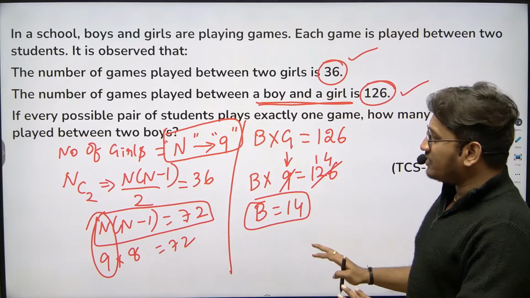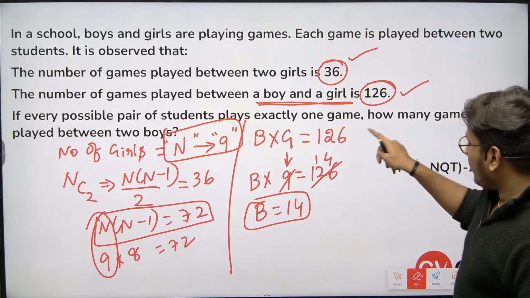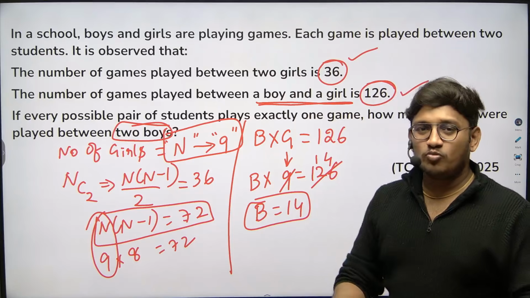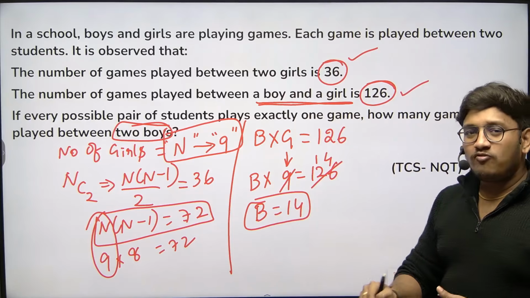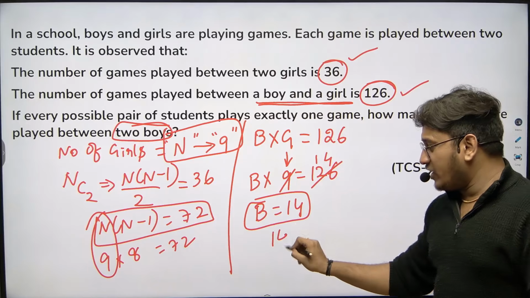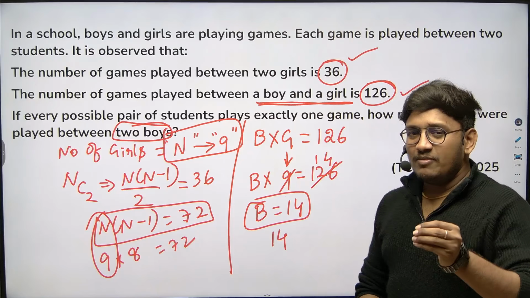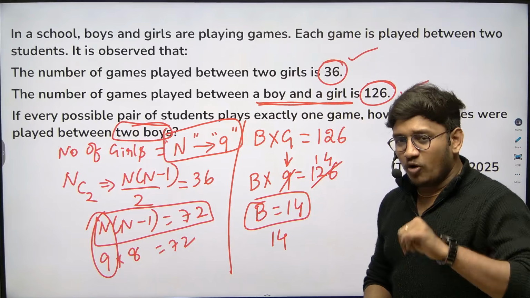Now the question is very simple. If every possible pair of students plays exactly one game, how many games were played between two boys? Very, very important: between two boys. Here I assume the number of boys is B, which is 14. Now to play a game, two boys are required.